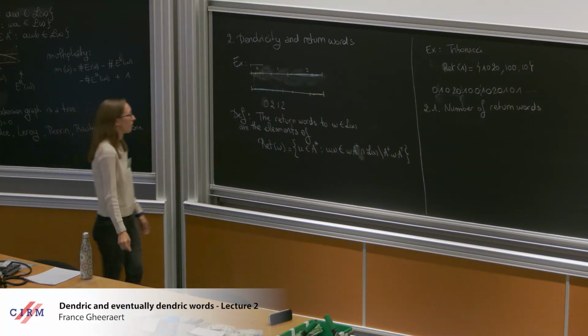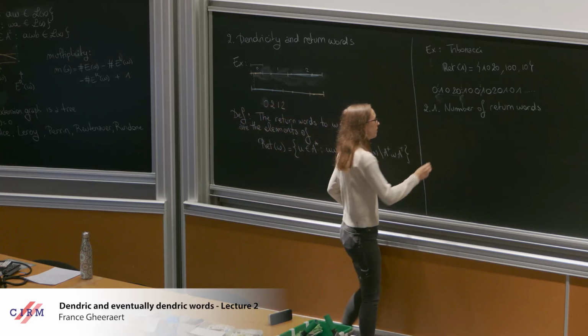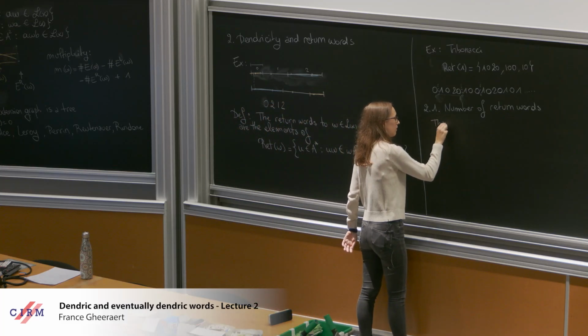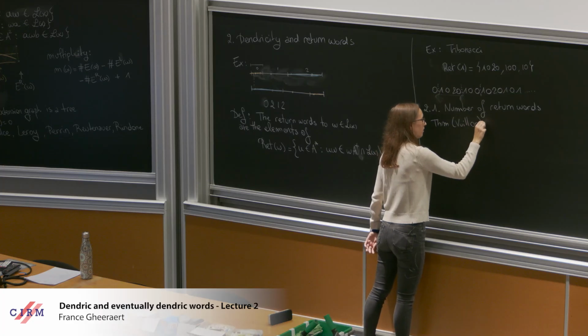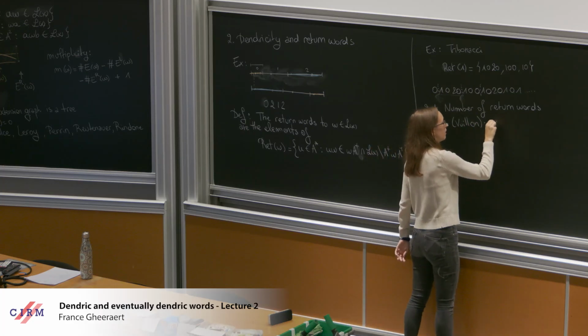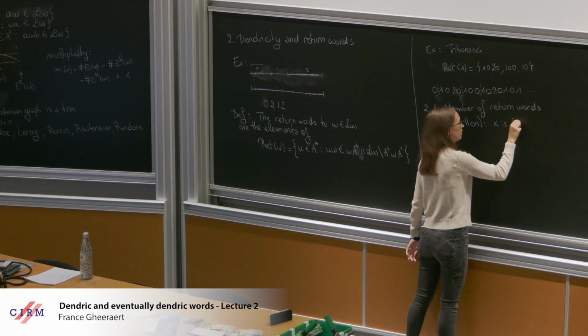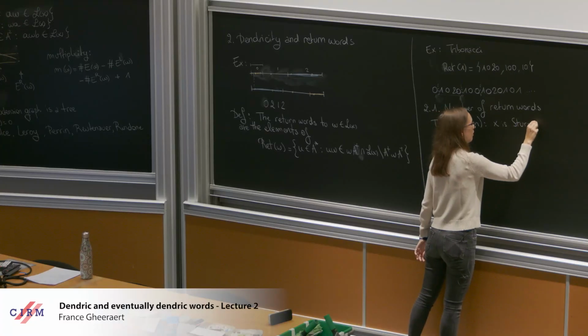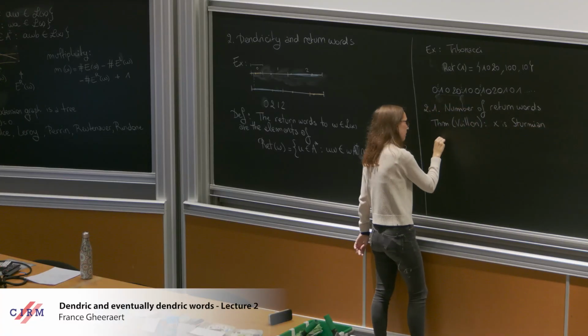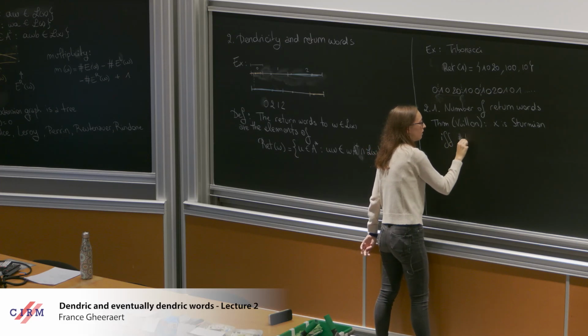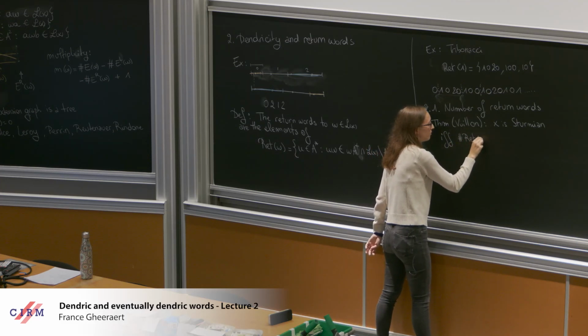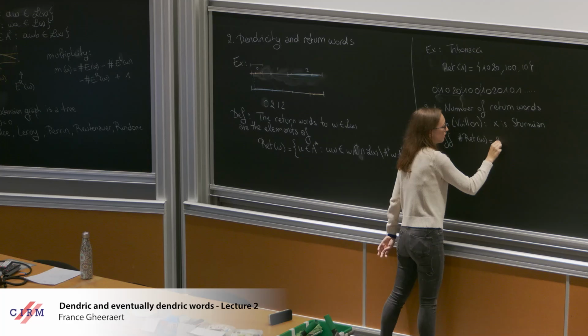Okay. So the first result on the number of return words is a theorem by Vuillon, which says the following: X is Sturmian if and only if the number of return words is always equal to 2.